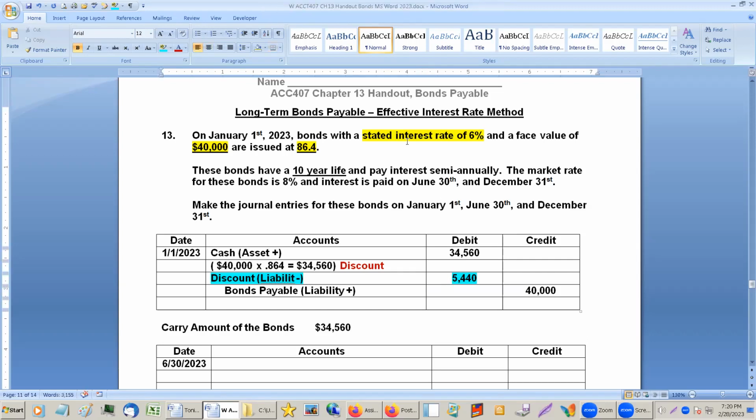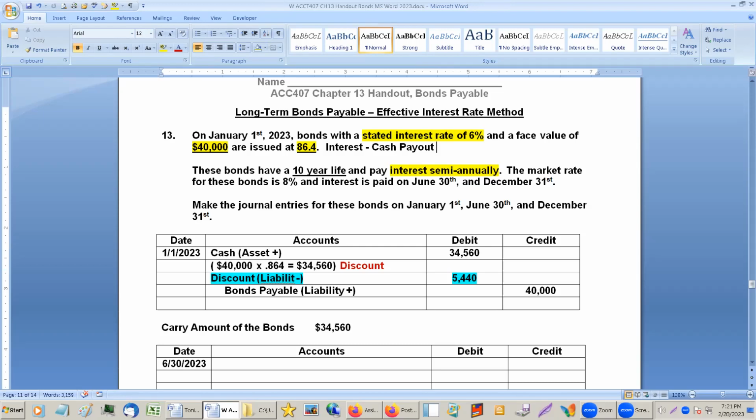Oh, I didn't do how much we're going to pay out in interest. Oops. Let's do the cash first. The cash payout is always the same. It's stamped on the bonds. It's what you have to pay out.